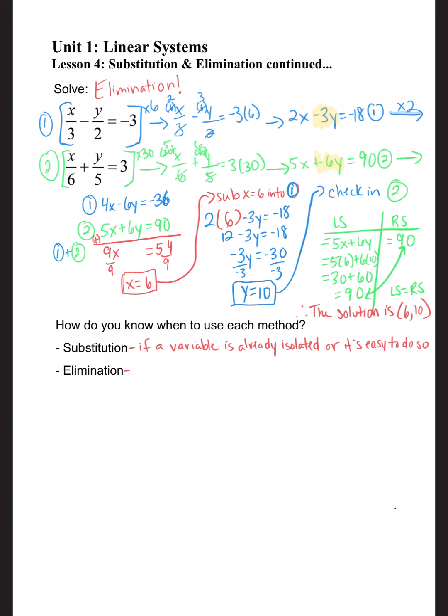For elimination, if the variables are lined up over each other, or again, it's easy to do so, then we want to use elimination.